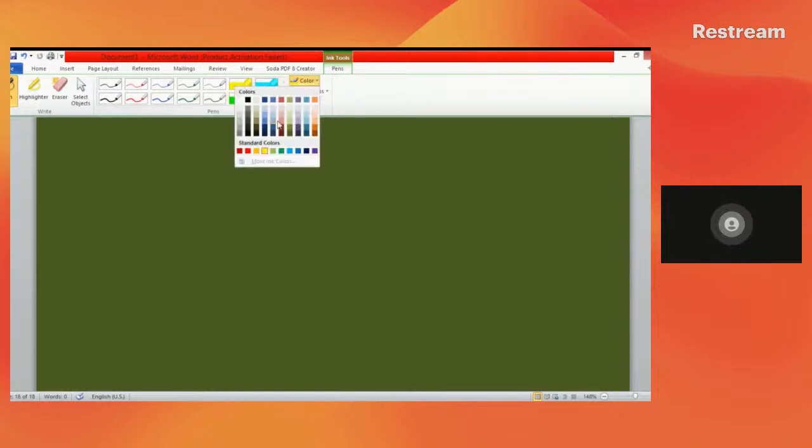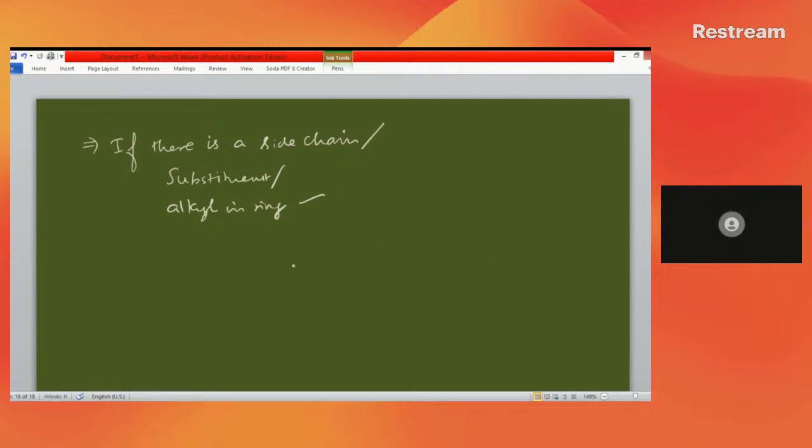Now let's consider case 2. Suppose in the ring structure there is a side chain, otherwise a substituent, otherwise an alkyl group in the ring, then how to give the name? It's a best example.